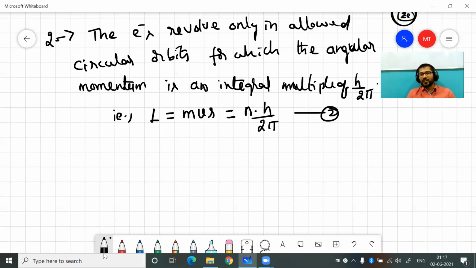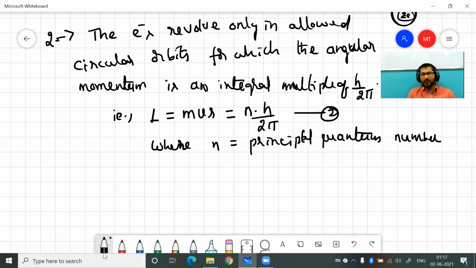We'll take this as equation number 2, where n is the principal quantum number, and it takes the values 1, 2, 3, and so on, integral values.